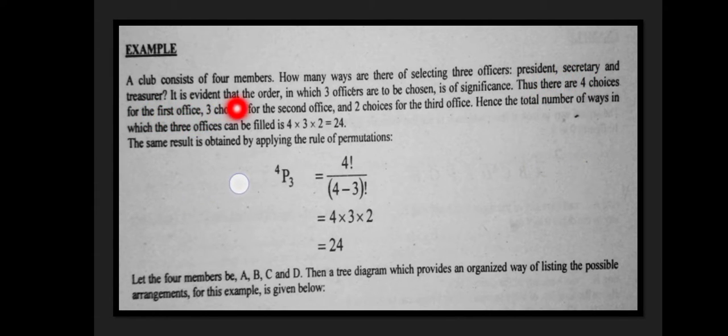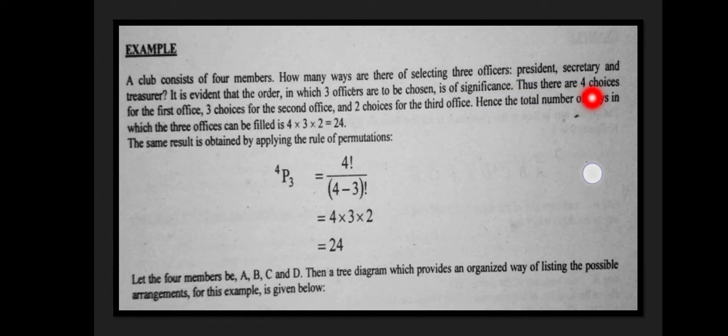It is evident that the order in which 3 officers are to be chosen is of significance. We know that the order of selecting the officers is important because the 3 posts are of significance order. On number 1, there should be president, then secretary, and then treasurer. So order is important here. We can use permutations for this question.